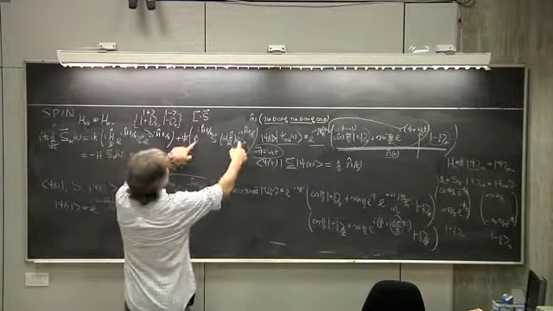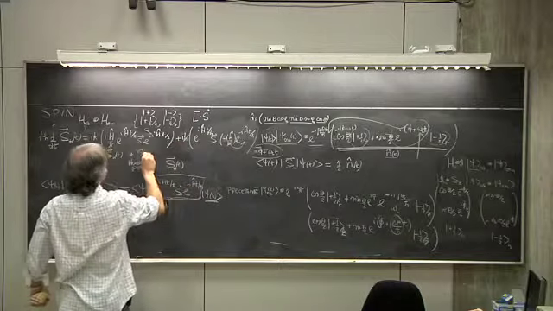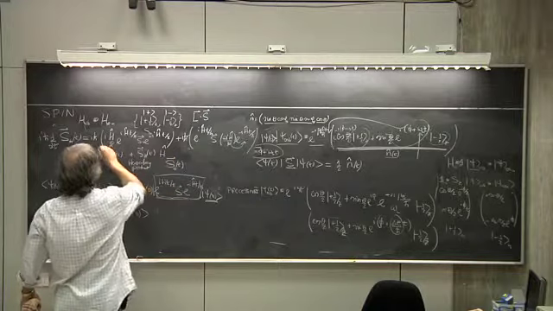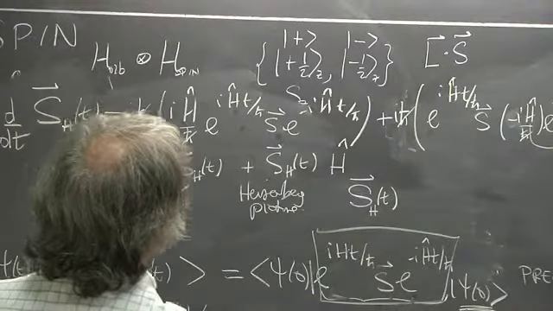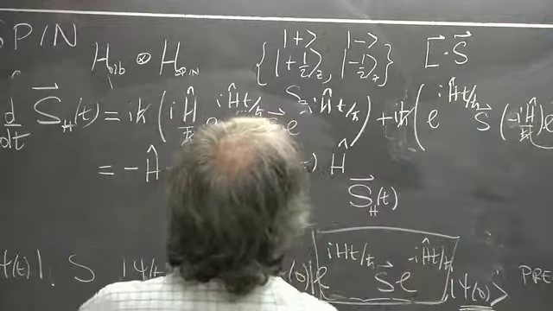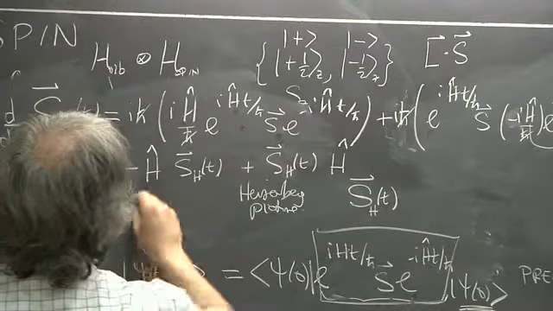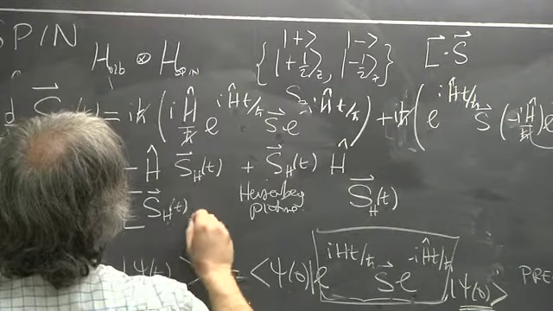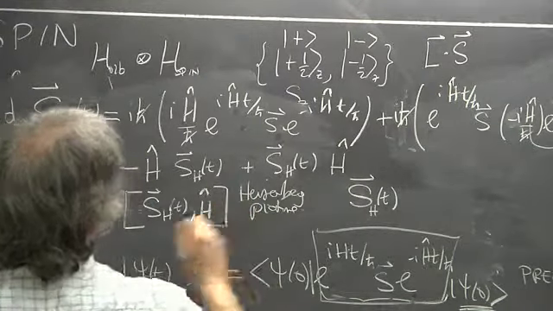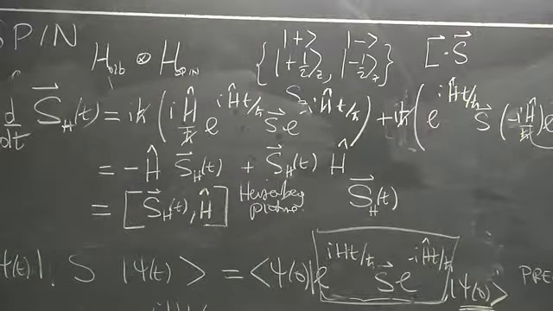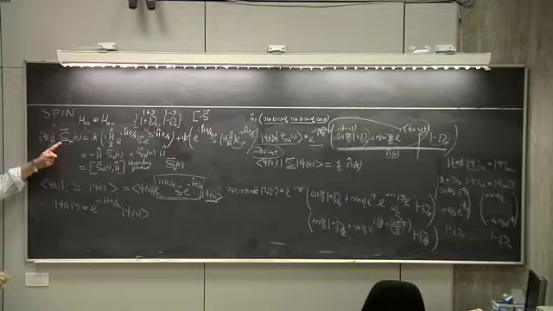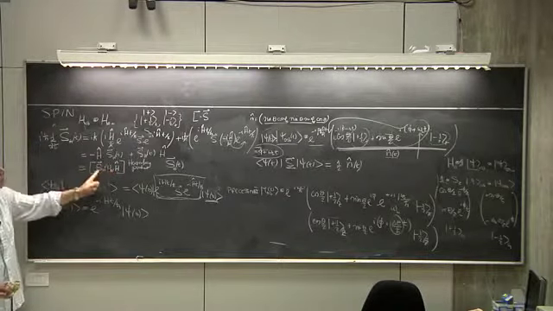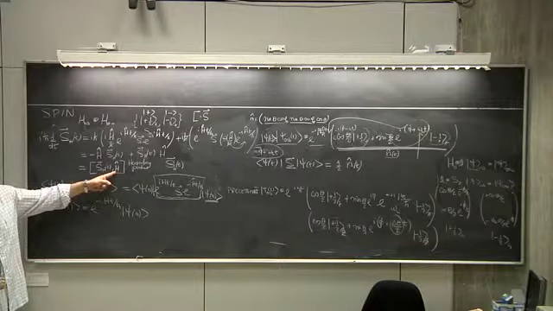So I see again the spin operator, Heisenberg, times H. So what is this? This is equal to the commutator of S_H of t with the Hamiltonian. So you see that the derivative of the operator in Heisenberg representation is just the commutator of the operator with the Hamiltonian. Is this clear?